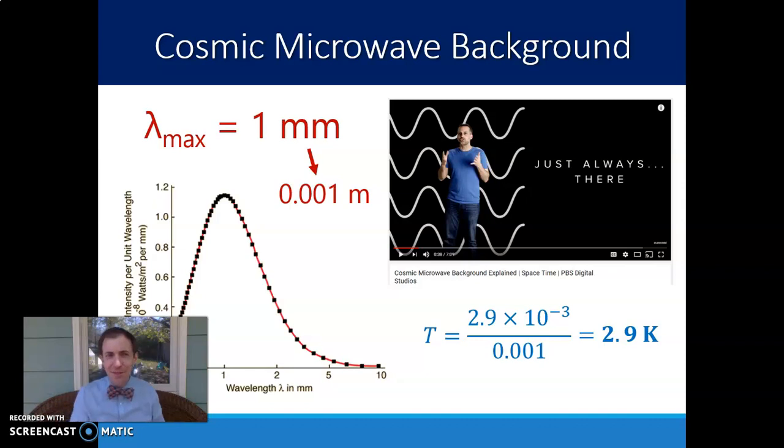The calculations based on Hubble's law, saying that our universe is about 13.8 or 14 billion years old, predict that by this time, the wavelength of that light should be about 1 millimeter. And what was interesting here is this was predicted before Penzias and Wilson found their measurement.